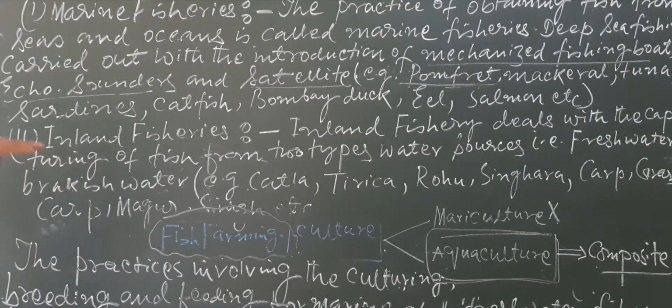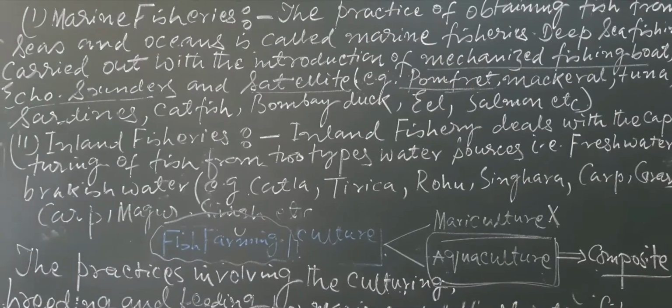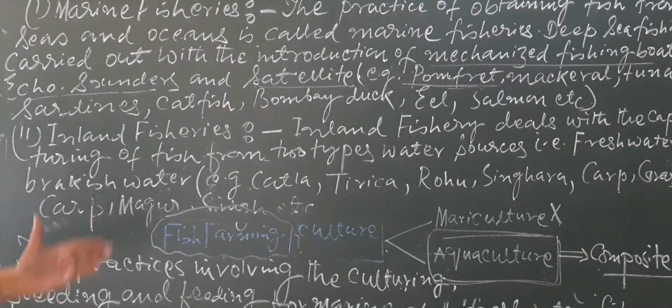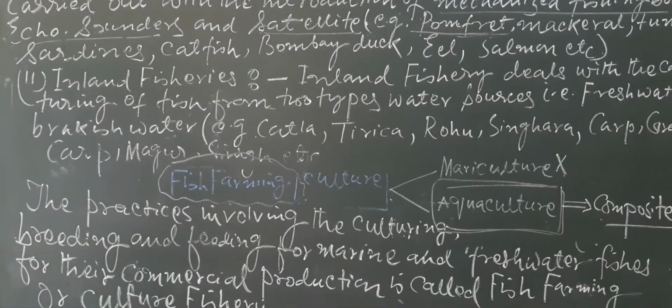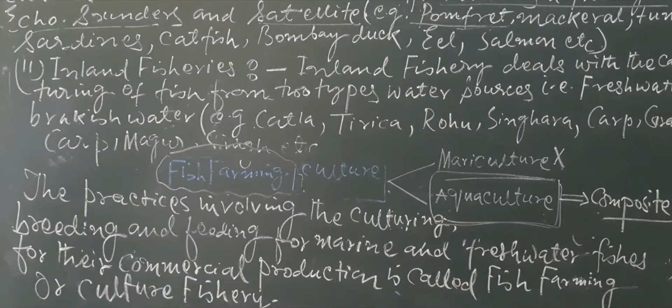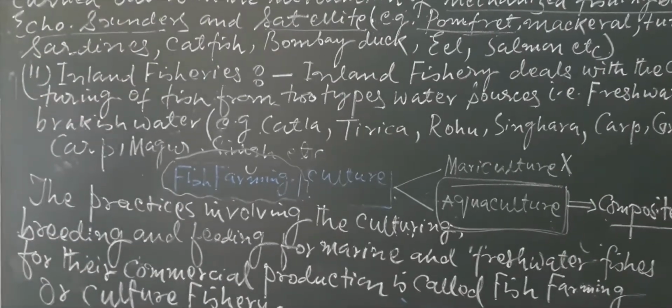That is why there is fish farming and fish culture. That means the practices involving the culturing, breeding and feeding of marine and freshwater fishes for their commercial production is called fish farming or culture fishery, which is of two types, mariculture and aquaculture.